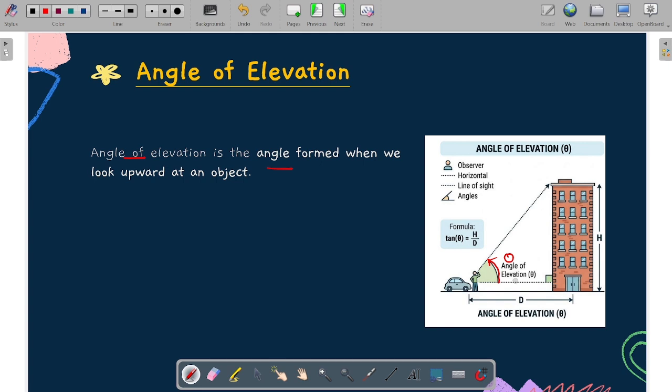This angle is called the angle of elevation. How can we find the angle of elevation? By this tan theta formula. So tan theta क्या है? Tan theta equals perpendicular by base. इसमें perpendicular है height and the base is distance, like h by d.